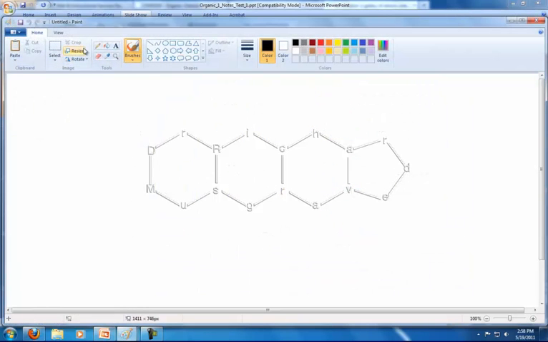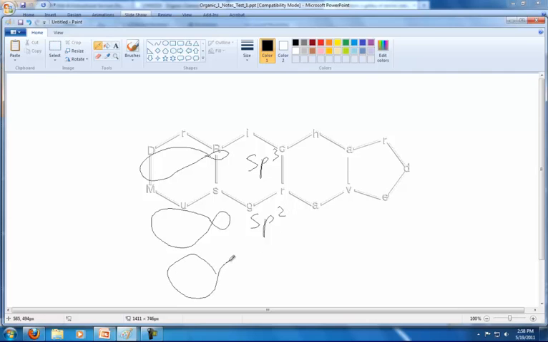So, just drawing a couple of pictures here. This might be what an sp3 looks like. This could be an sp2. And this could be an sp.